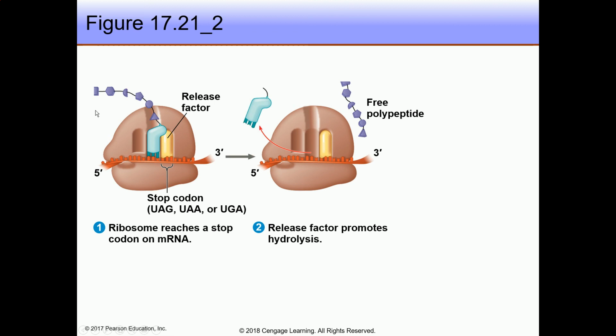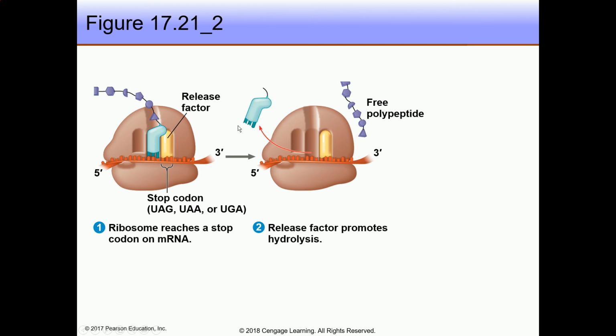So once the translation machinery finds one of these three stop codons, the transfer RNA breaks its bond with the peptide and moves from the P site to the E site and goes out.